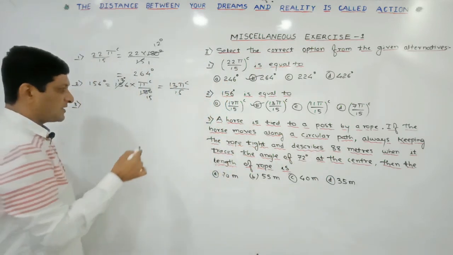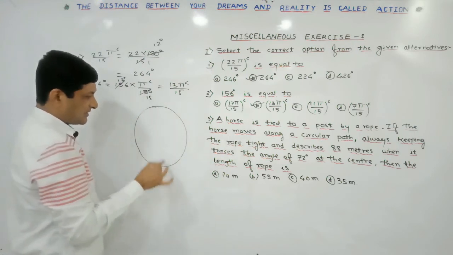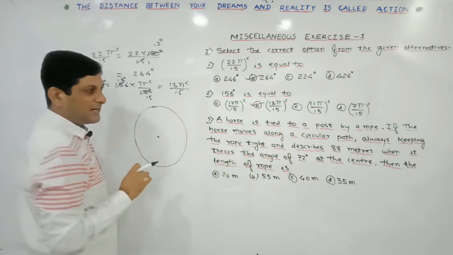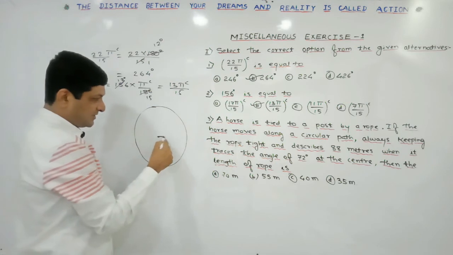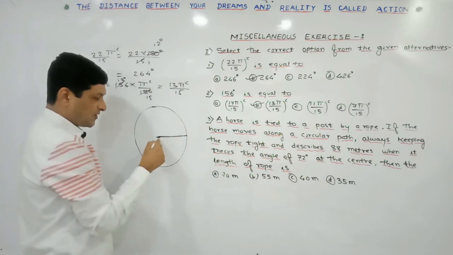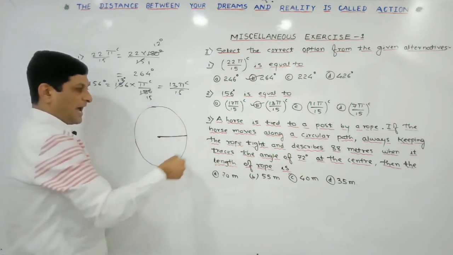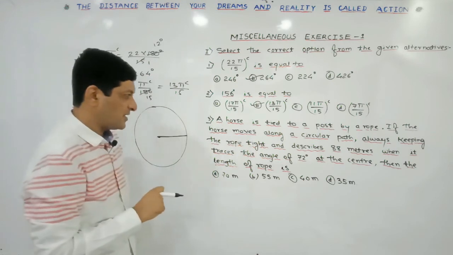So now a horse is tied by a rope, it is given to us, and it is moving along a circular path, and this will be the rope. The horse is tied by a rope and this horse is moving along a circular path.